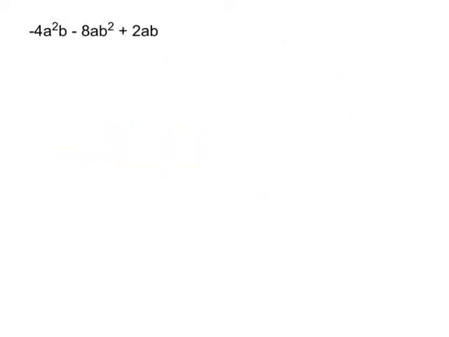So let's go ahead and look at this example. I have negative 2a squared b minus 8ab squared plus 2ab. So we need to think, okay, what is my greatest common factor? And that greatest common factor is a 2ab.